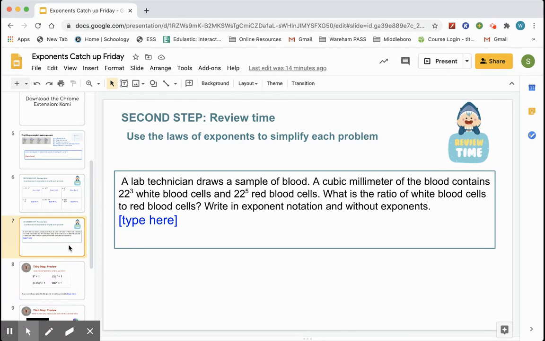Well, we need to remember that a ratio is a comparison of two numbers using division. So I'm going to write my ratio in words first.